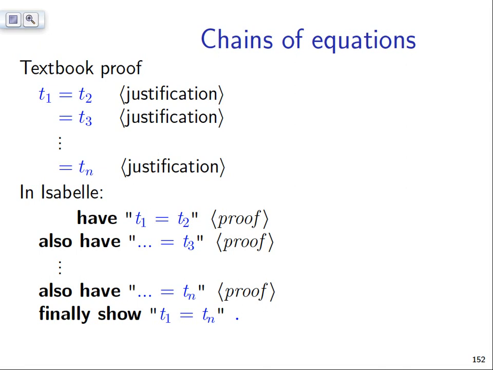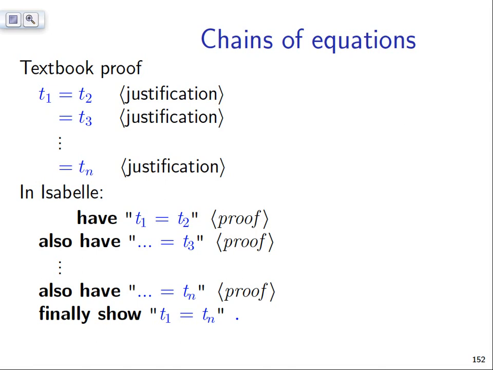So this means the result of all of these things that are gathered together by finally had better be exactly this equality. If this last step doesn't work, then t1 is not equal to this t1, or tn is not equal to this tn. You've made some typo, and then it'll complain about the last step.